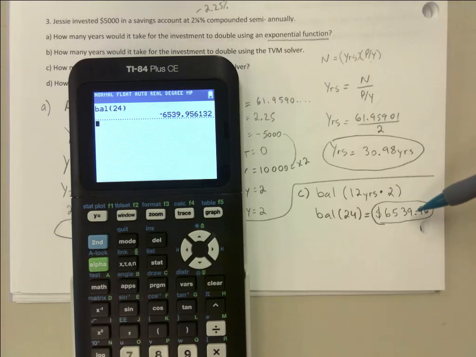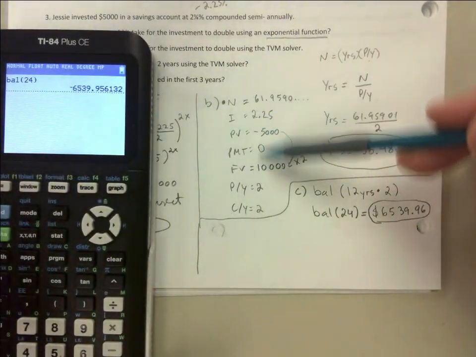Just so you understand, this is based on whatever you have in your TVM solver right now. If you change the values in the TVM, this is going to change. So you got to make sure you don't do that, right? Like this is now based on the previous work we just did, okay?